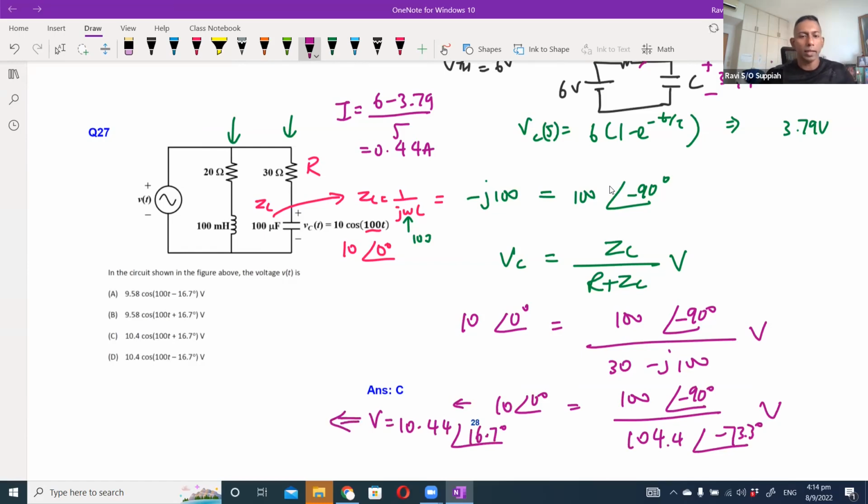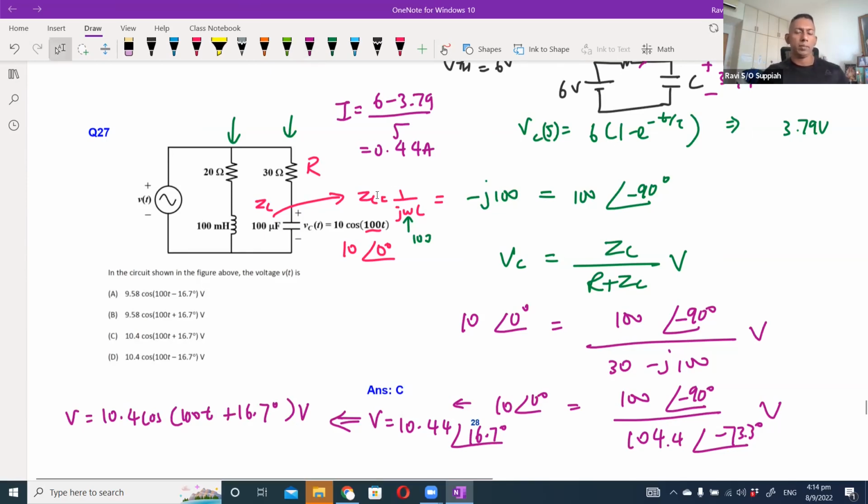And to rewrite it in the expression, it will be V equals 10.4 cosine of 100t plus the phase angle 16.7 degrees, in volts. So you can see that it is similar to the tutorial. The same voltage divider or current divider rules that we saw, only thing is applying it to phasors.